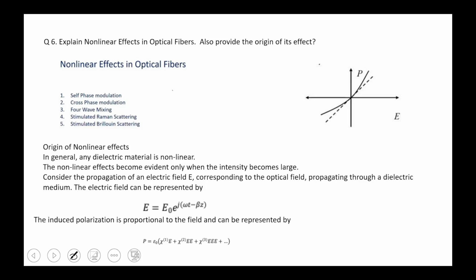So we have self-phase modulation, cross-phase modulation, four-wave mixing, stimulated Raman scattering, and stimulated Brillouin scattering. These are the nonlinear effects in the optical fiber we have to consider.